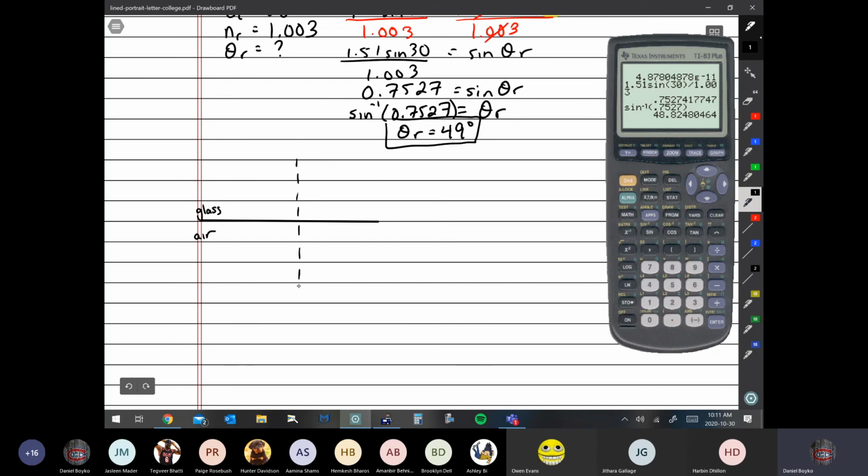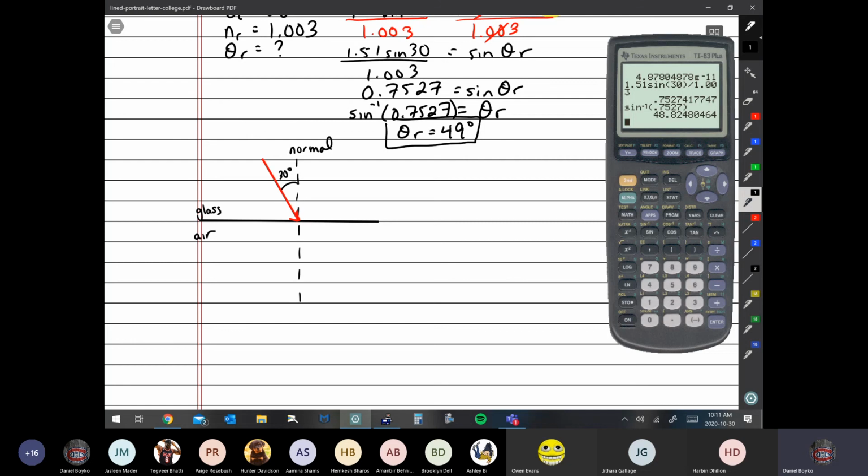Here's my normal, my incident ray is at an angle of 30 degrees.